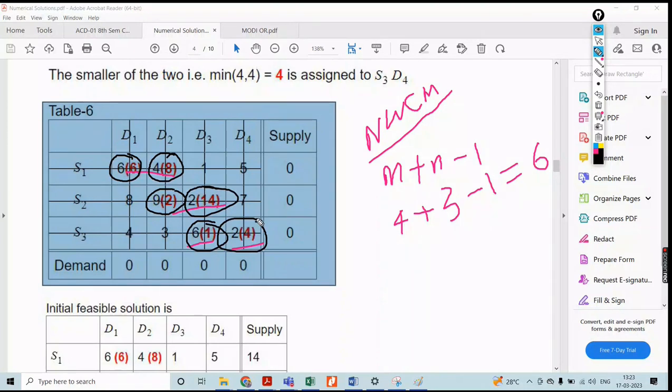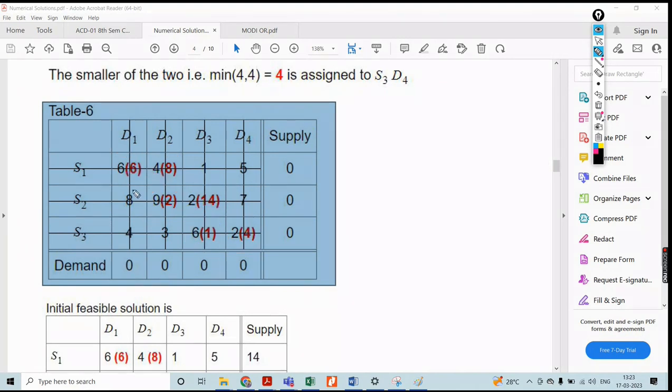If the 6 allocations exist, then it is a non-degenerate solution. You have to remember that. Once you get the non-degenerate solution, make the evaluation of the total cost. If not, it is degenerate, and then you have to make the evaluation of the total cost. This is the method you need to follow from the numerical solution point of view.